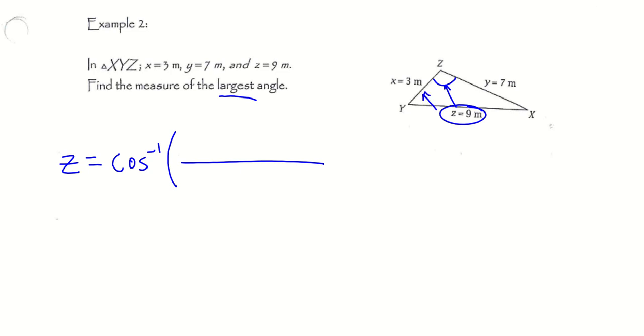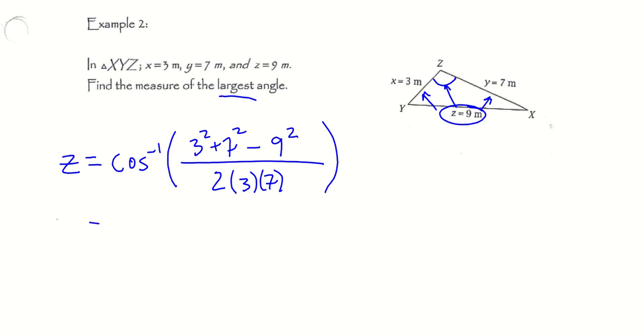So I'm going to take 3 and 7 and square those and add them together. And then I'm going to subtract the square of the side opposite the angle I'm looking for. So I'm going to square Z, and then I'm going to divide by 2 times the product of those other sides. So 3 times 7.